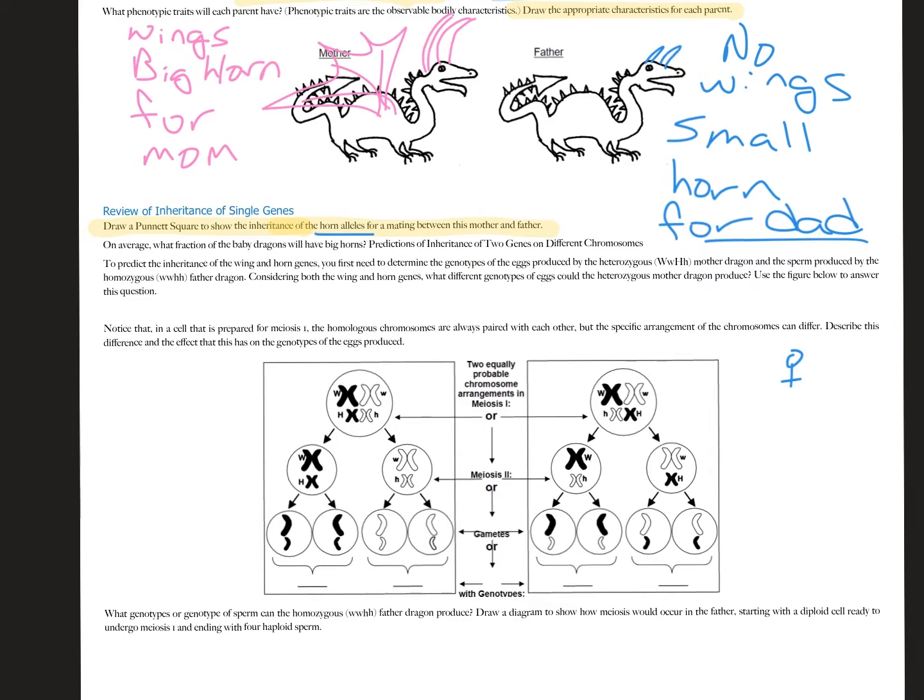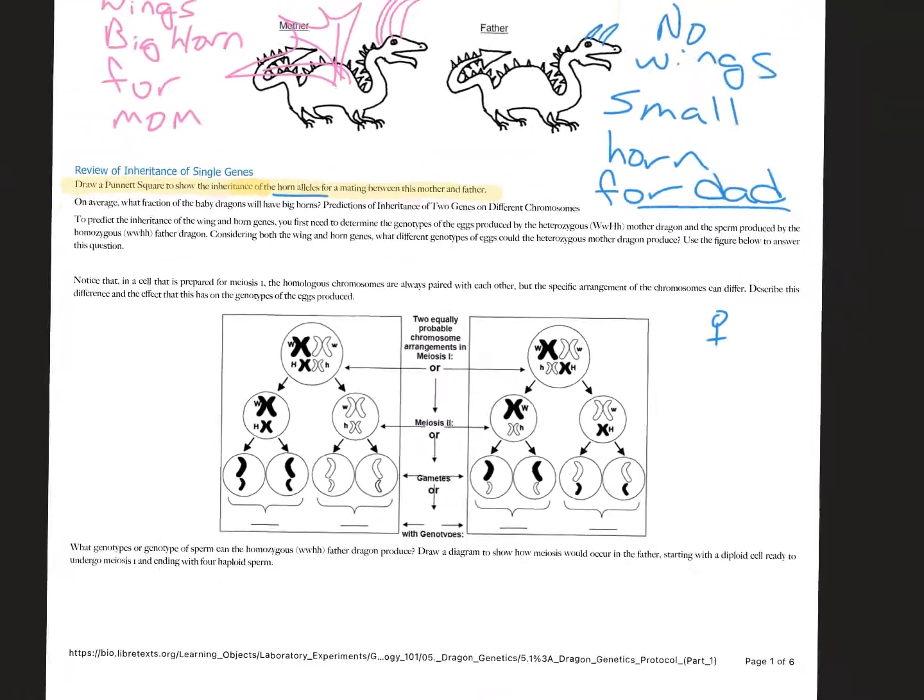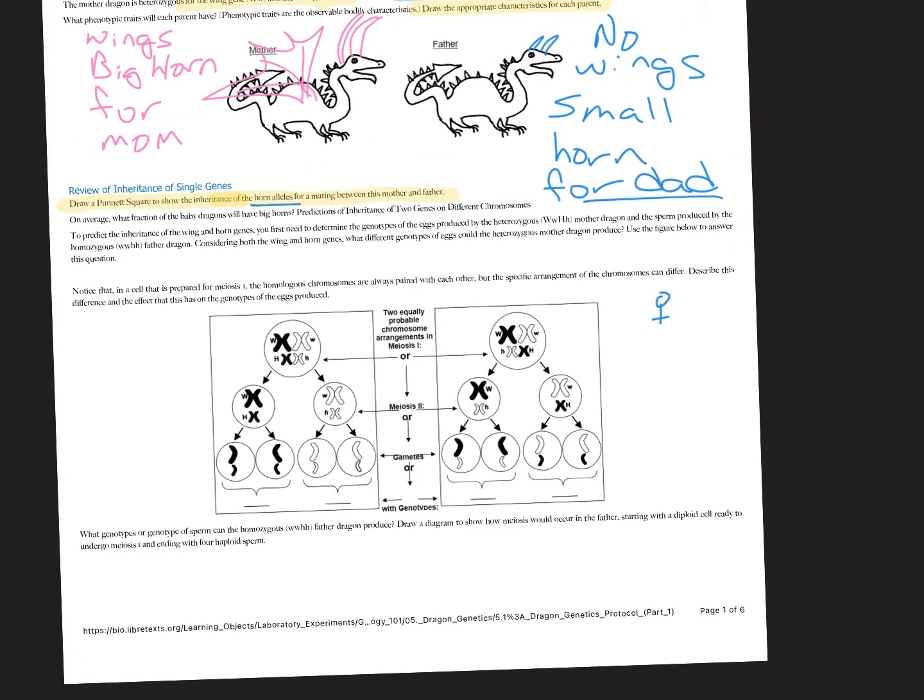They didn't ask anything about wings. You have to be very specific. It's telling you horns. So for this part of the project, the only thing it's asking about is horns. So now, mom is heterozygous for horns, is that correct? And dad is homozygous for horns. Am I right? Yes. All right.